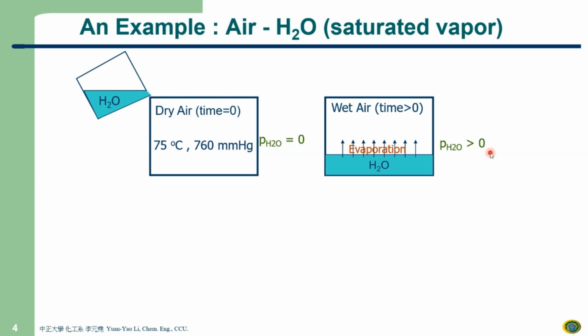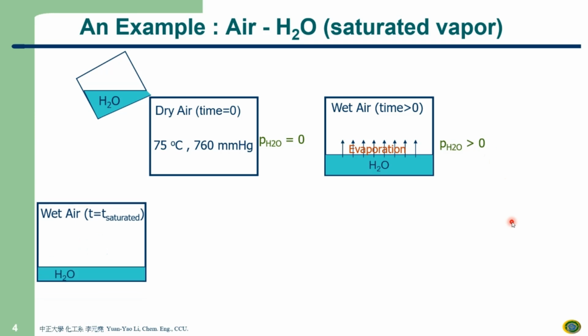And then when you wait for a period of time, the rate of evaporation will decrease, and eventually the rate of vaporization and the rate of condensation of the water will be equal.